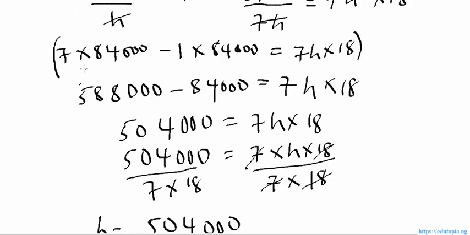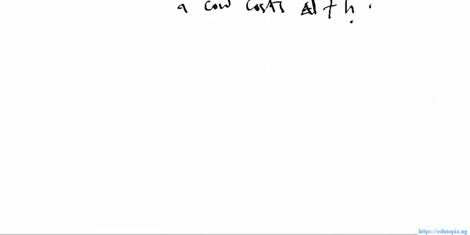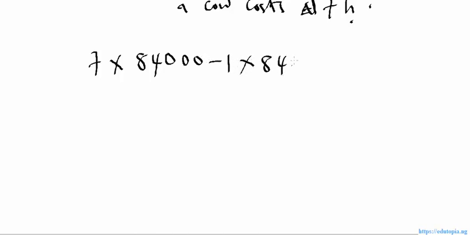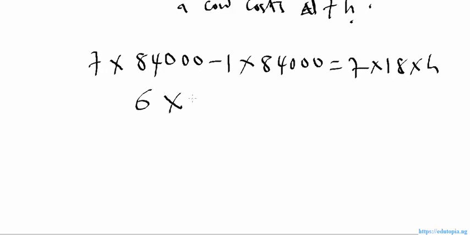Like before, what I was trying to do was 7 times 84,000 minus 1 times 84,000 is equal to 7 times 18 times H. Now, minus one of these automatically means 7 minus 1 will give you 6 times 84,000.